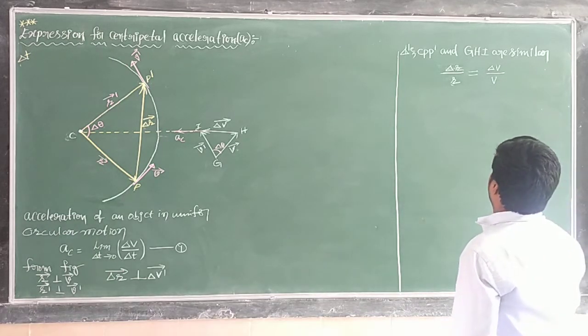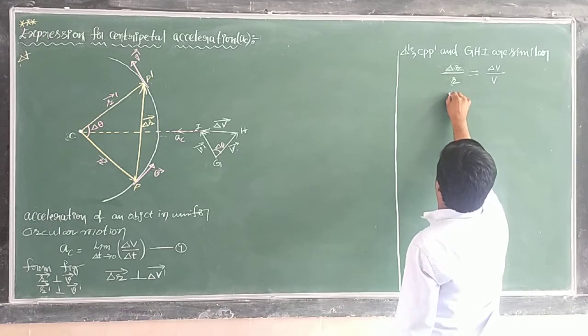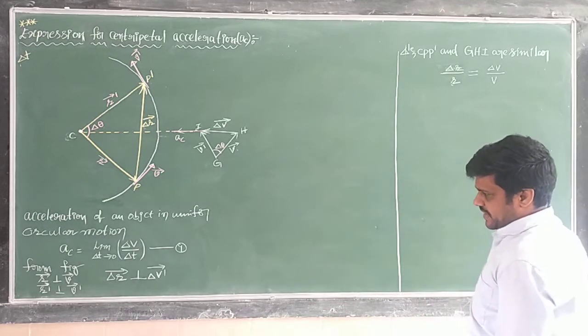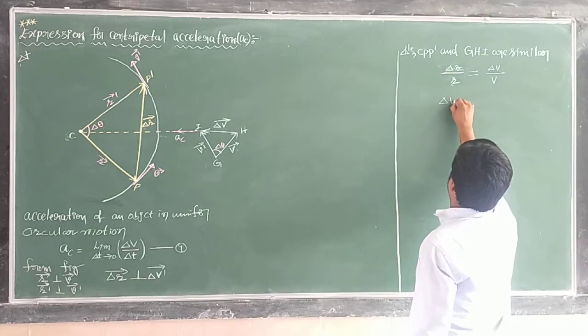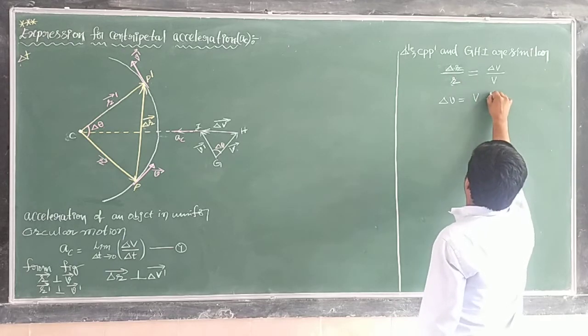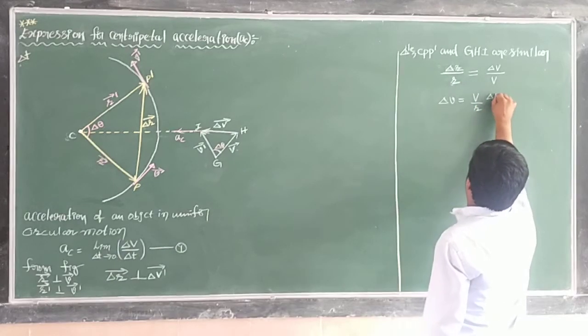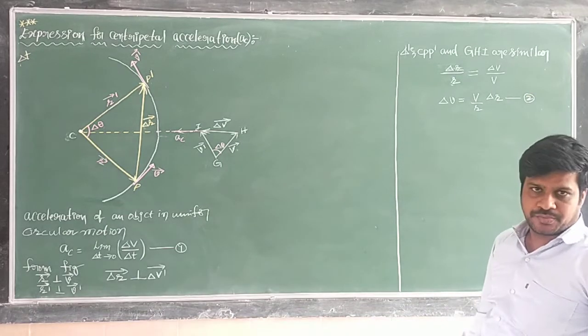From this, delta V is equal to what we can write? V into, this V will come to this side, V by R into delta R, that is equation number 2.